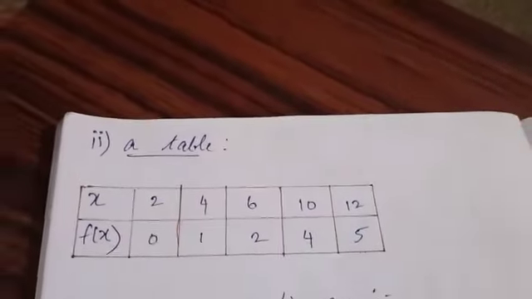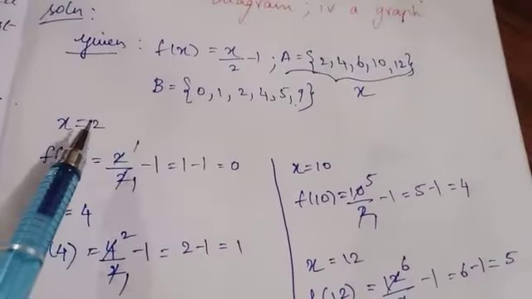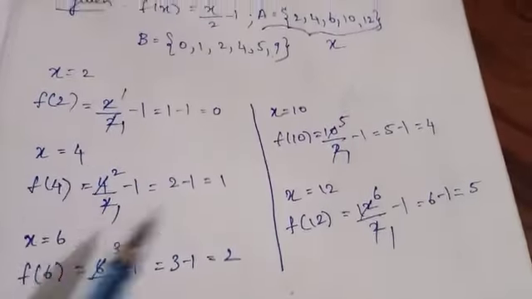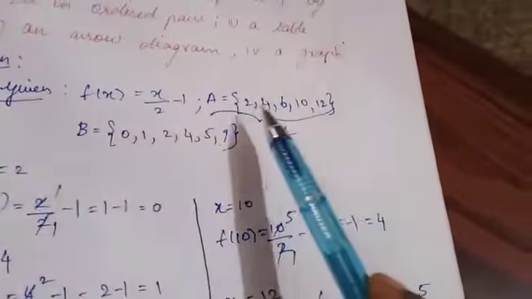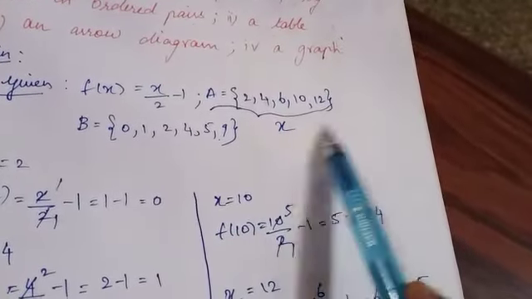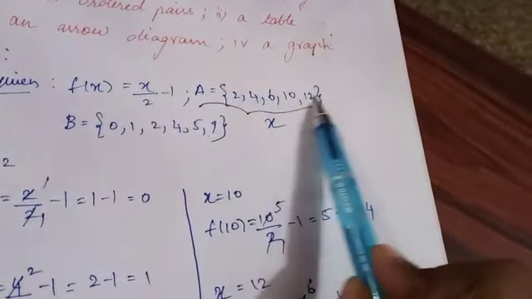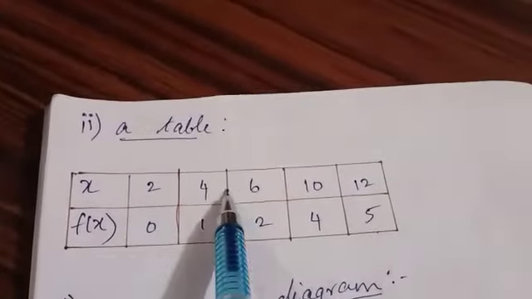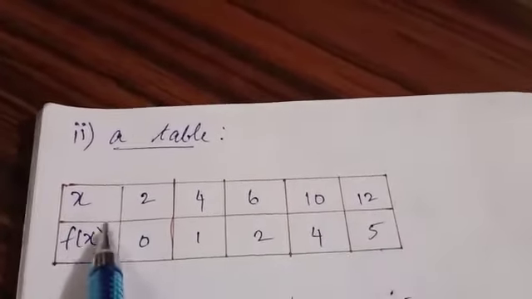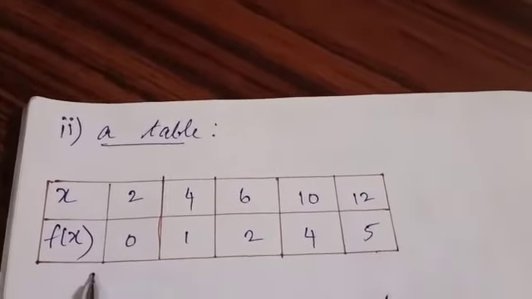So what are our x values? These are our x values that we have used to find f of x. So in the row x, I'm going to write these values. I've written here 2, 4, 6, 10 and 12. And the second row must be f of x.